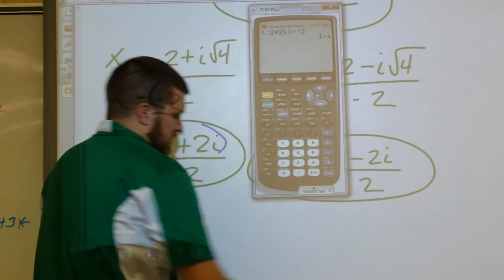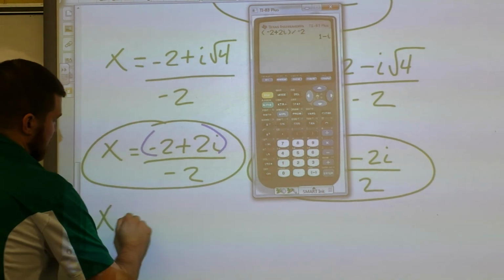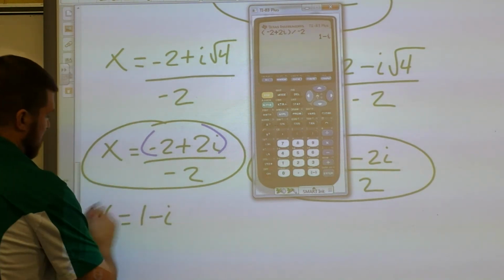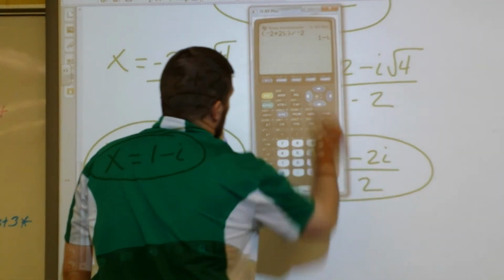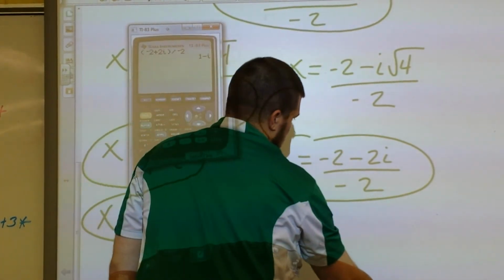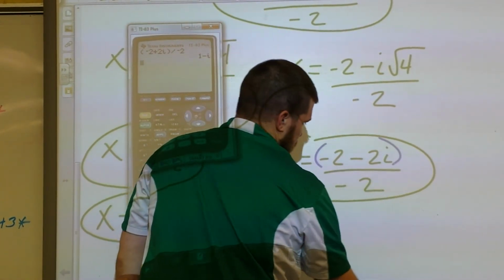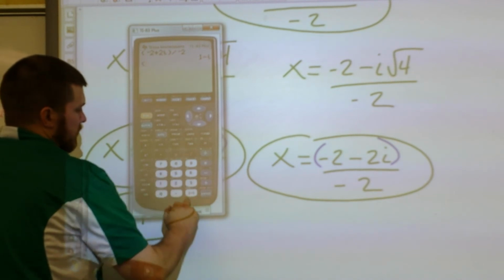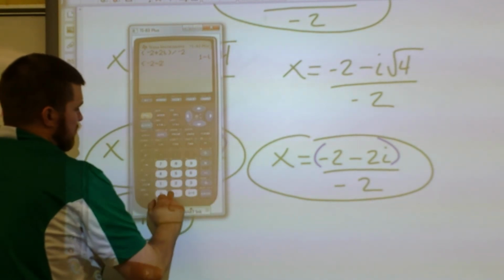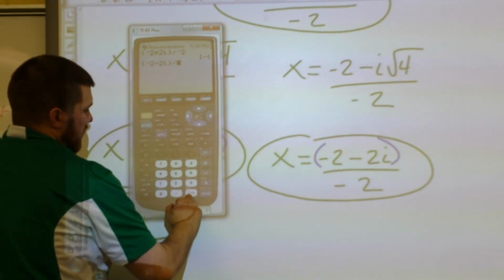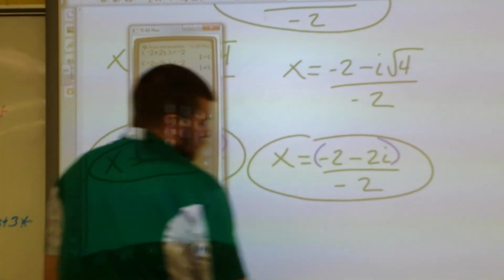Clean it up, and so this actually becomes x equals 1 minus I. And then this one over here, same idea. I have more than one thing on top, so put parentheses around it. So parentheses -2 minus 2I divided by -2, and I get 1 plus I.